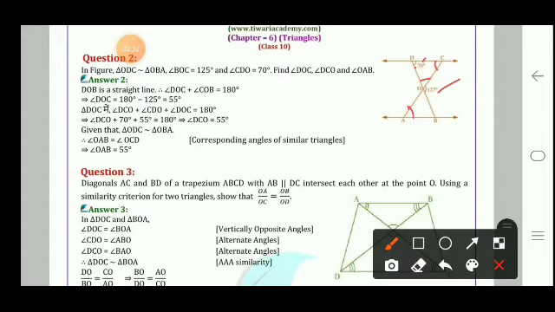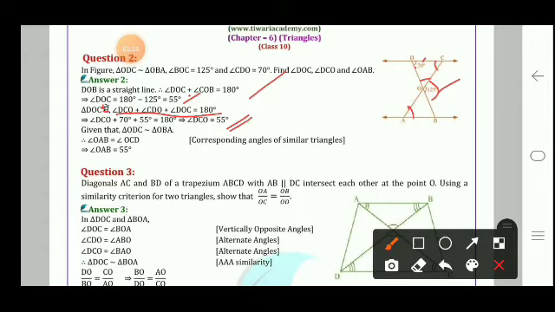So DOB is a straight line, so using the linear pair property we can write angle DOC plus angle COB is equal to 180 degrees. Angle BOC is already given to us, so we can easily find angle DOC is equal to 55 degrees. Then in triangle DOC, using the angle sum property, the sum of all the three angles is equal to 180 degrees.